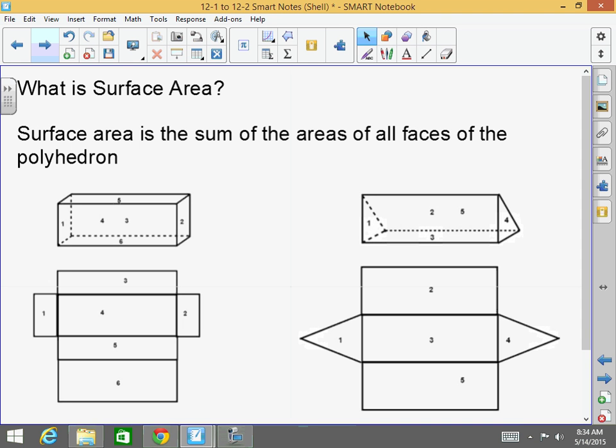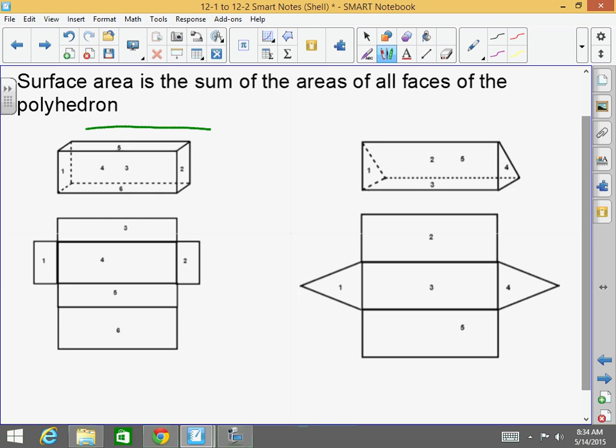So if we look at it from a dissection point of view, if I have this rectangular prism, think of a box, and I start popping out all the sides, this is a top, these guys here are the sides, this is the base, and this will be the opposite of the base.